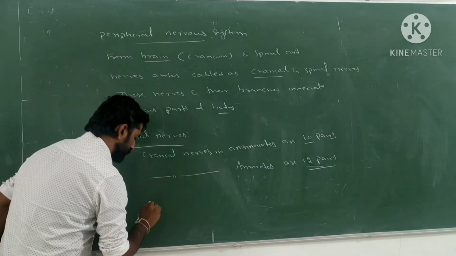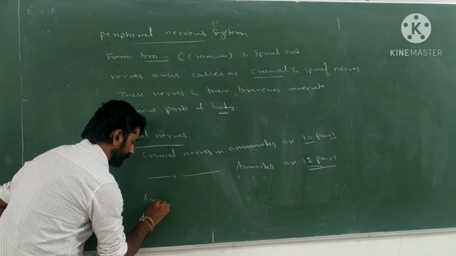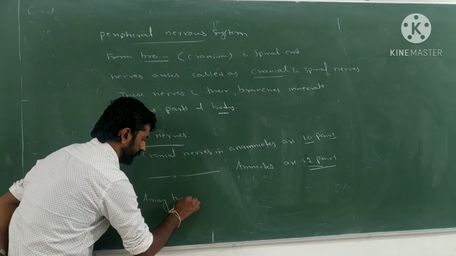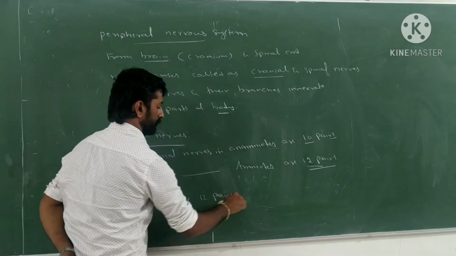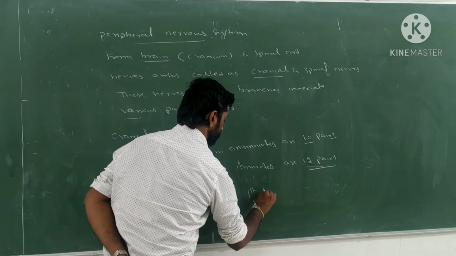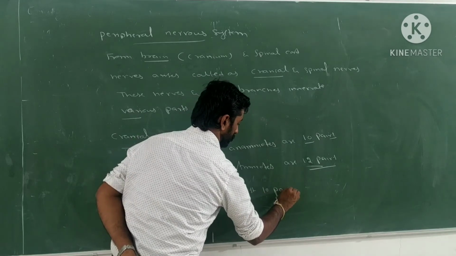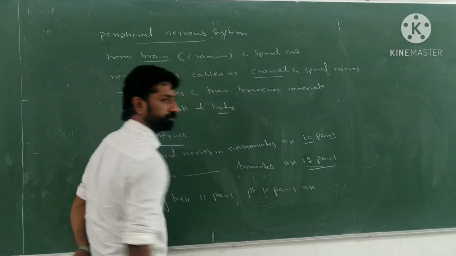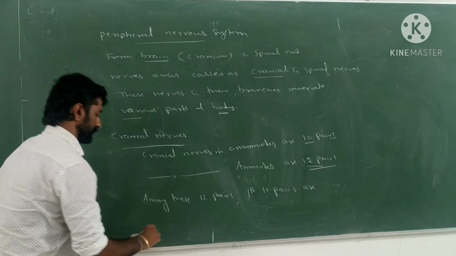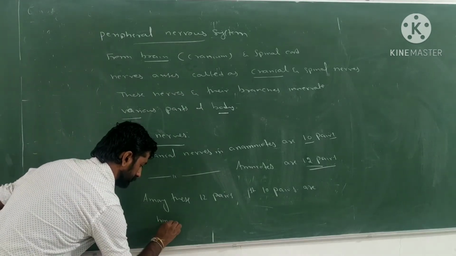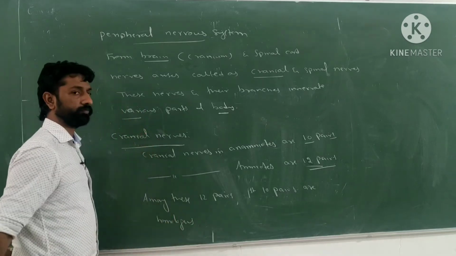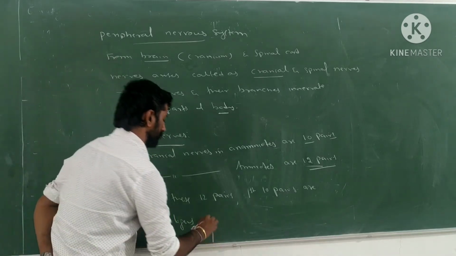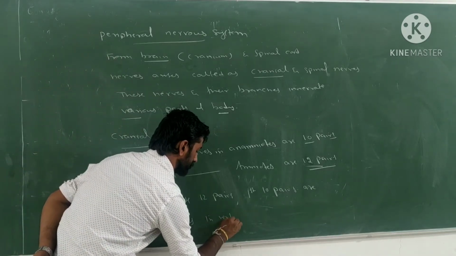Among these 12 pairs of cranial nerves, the first 10 pairs are homologous in nature in vertebrates.